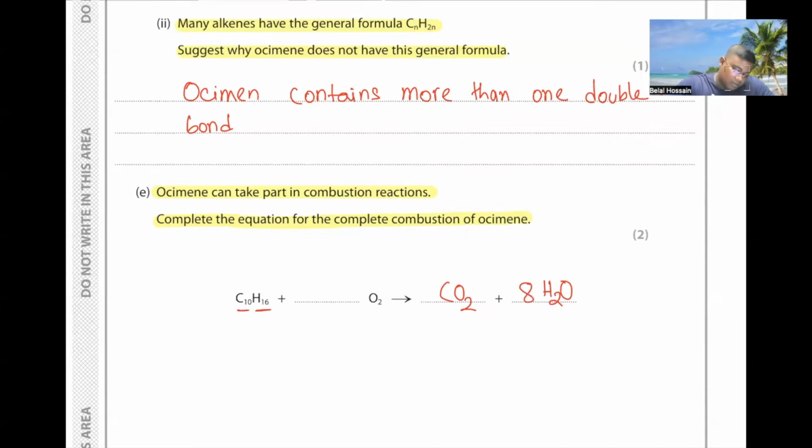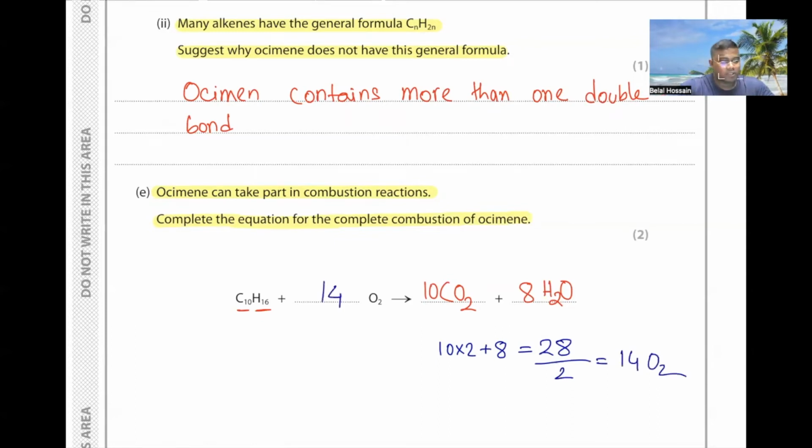There are 10 carbons, that means it will produce 10 carbon dioxide. So a total of 10 into 2 plus 8 oxygen atoms will be required. So it will be 28. Now oxygen is diatomic, so divided by 2, it will give us 14 O2 molecules. So 14 O2 will be the balancing number.